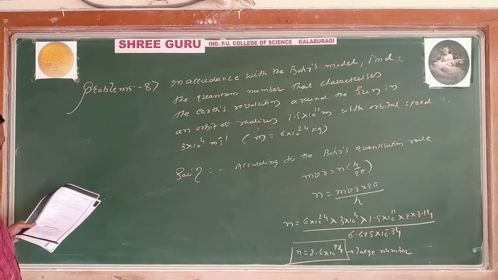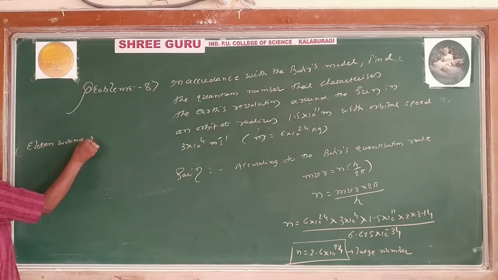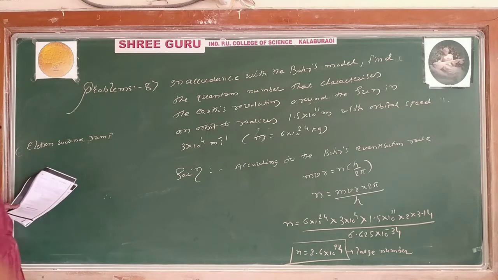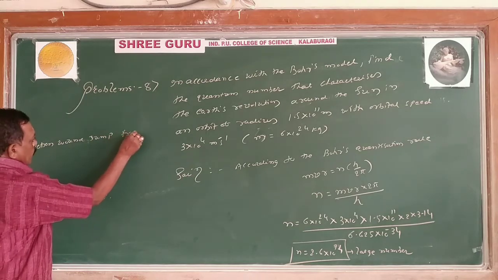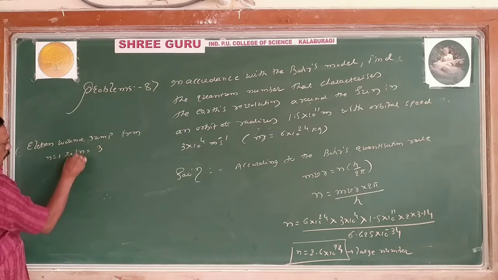Hence we can say that the electron would jump from n equals 1 to n equals 3.